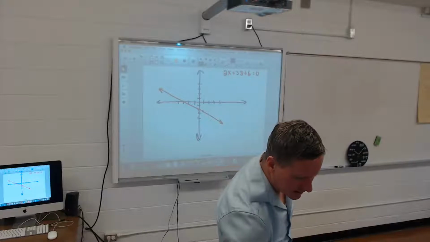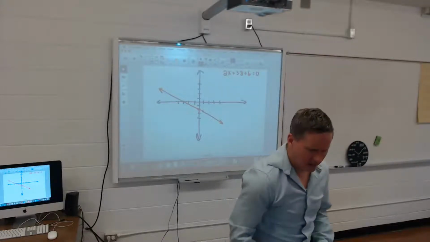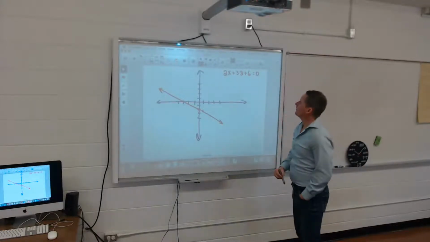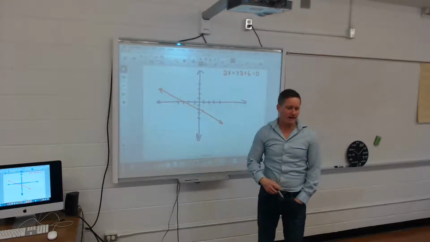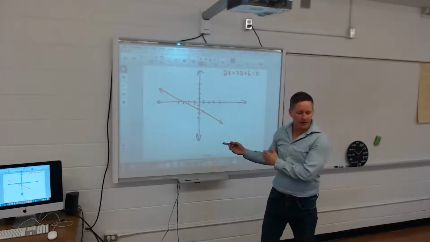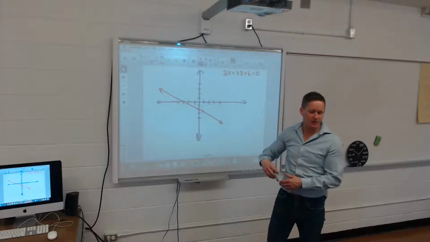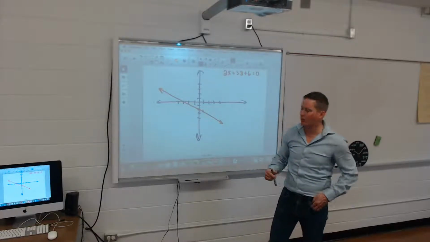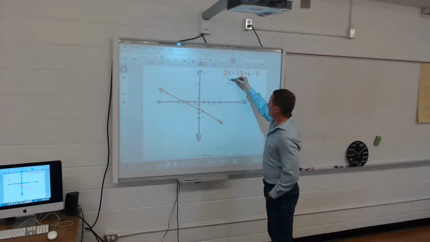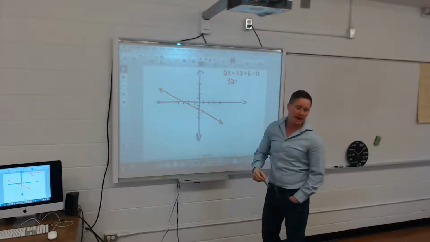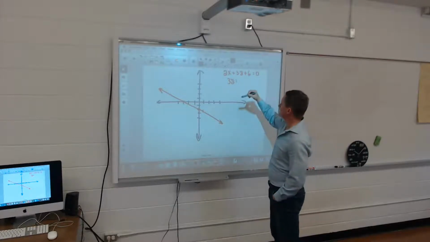All right. So I need to get y by itself. So I need to move everything from the left side to the right side that doesn't include y. So I am going to subtract 2x and subtract 6.